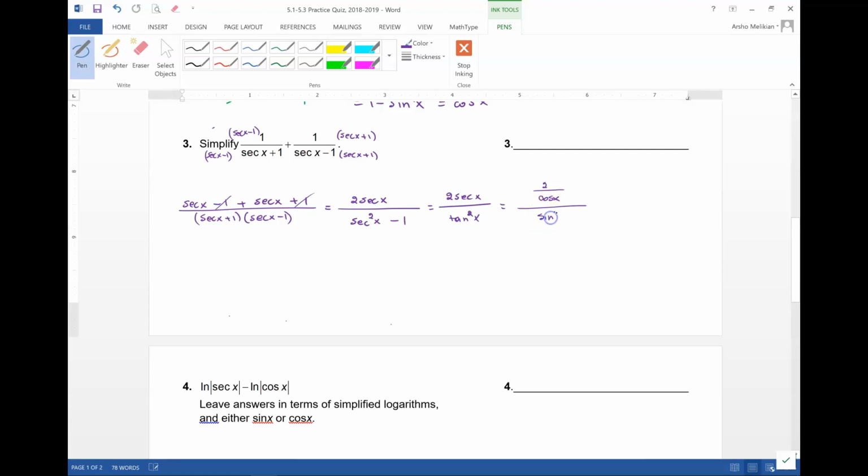This is sine squared x over cosine squared x. So 2 over cosine x times cosine squared over sine squared. How many cosines cancel? Oh, it's 11:30.